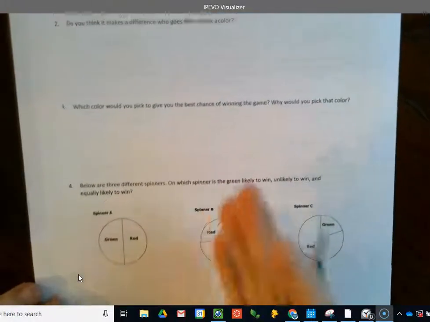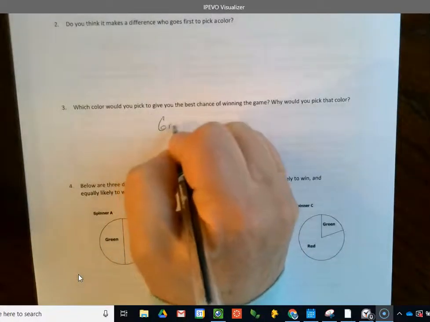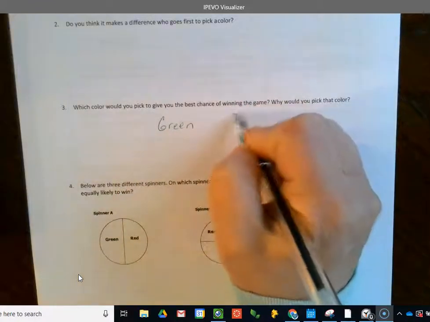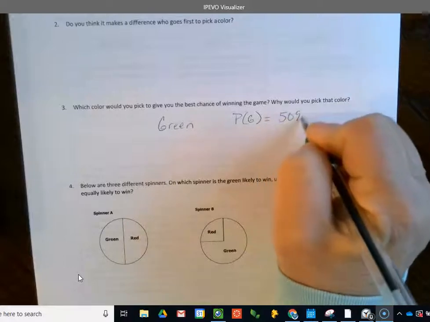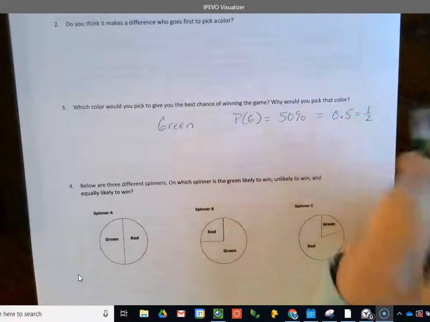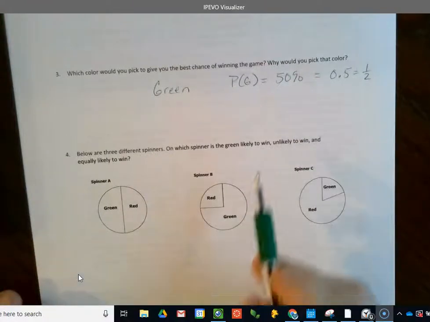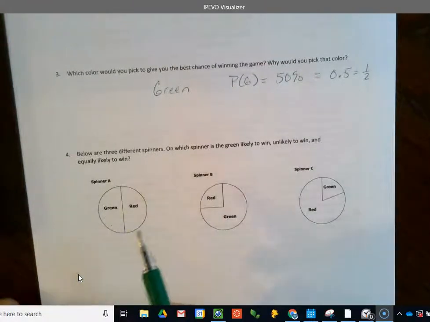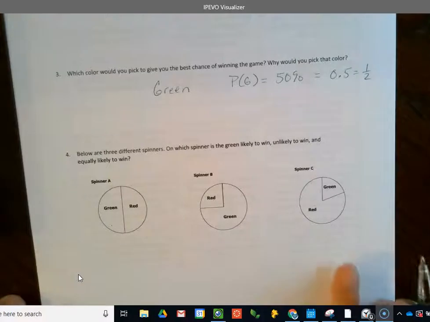If you had to pick a color that was going to be your winning color, which color would you pick? Hopefully you would pick green, because the probability of green was the greatest at 50%, a 1/2 chance. Now looking down below, we want to categorize these based off of which one is likely to show win for green, unlikely to show, and equally likely.